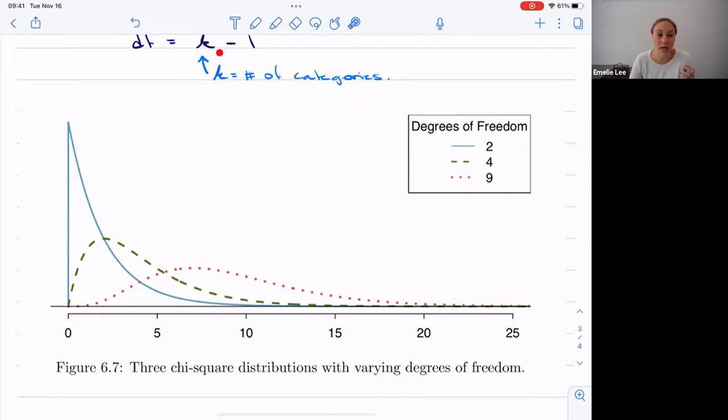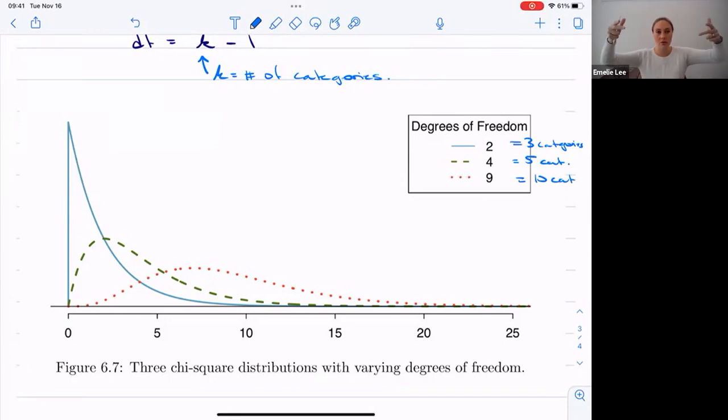So we have 3 categories. 4 degrees of freedom means we have 5 categories. 9 degrees of freedom means we have 10 categories, right? We have 10 categories that we want to compare to some hypothesized distribution.